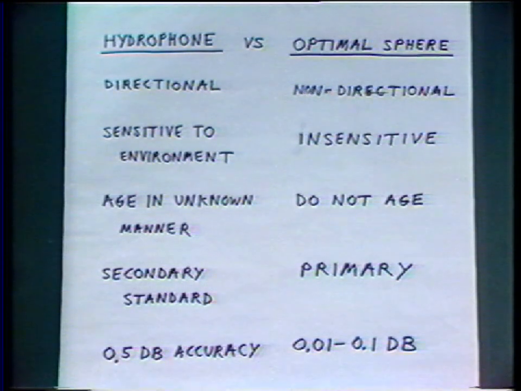The accuracies of the two methods are similarly revealing. The accuracy of a hydrophone calibration is seldom better than 1/2 a decibel, while that with an optimal copper sphere can approach 1/100th of a decibel in principle, with 1/10 of a decibel being readily attainable in practice.